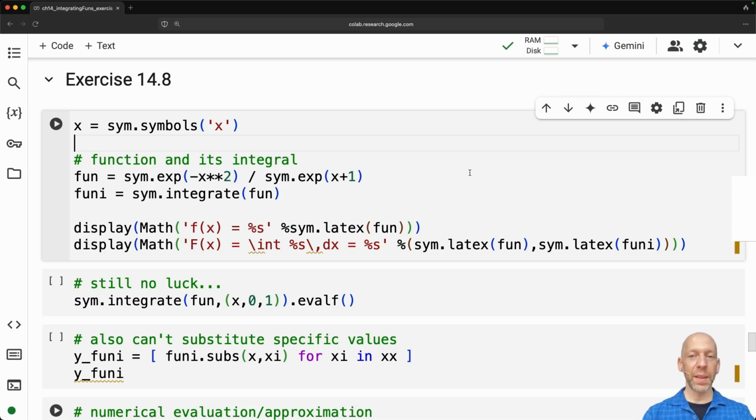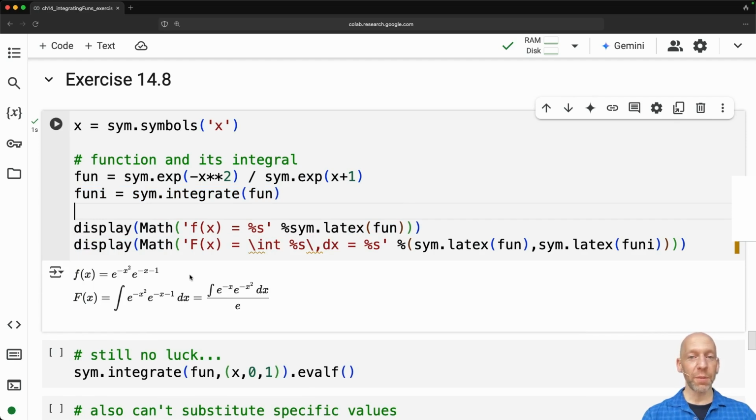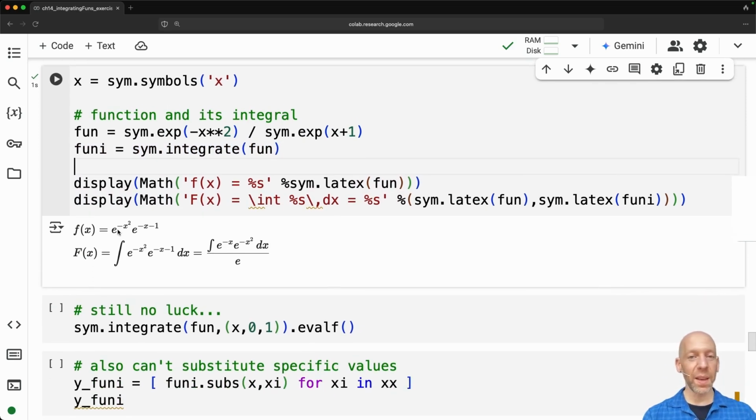Here we see the implementation of the function and also my attempt to integrate it using sim.integrate. Then here I'm just printing out these two results. The function itself is fine, although interestingly SymPy does rearrange the function to make it look a little different. Here I very clearly write that this should be a fraction, using a division sign.